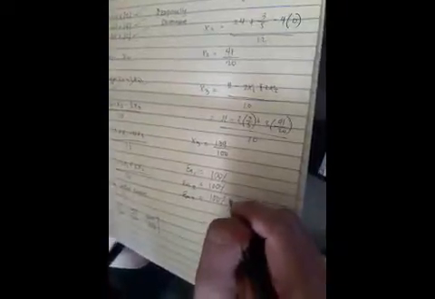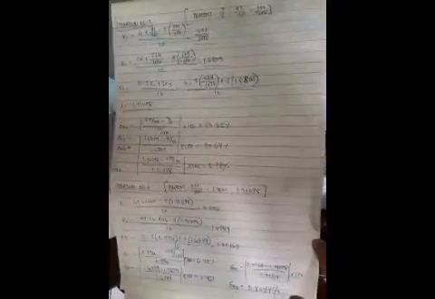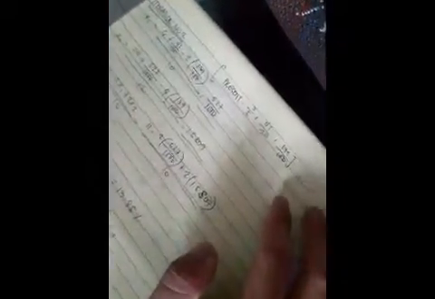For iteration number 2, we use the same equations for x1, x2, and x3, and we substitute the present values we obtained from the previous iteration, which are 3 over 5, 41 over 20, and 139 over 100.